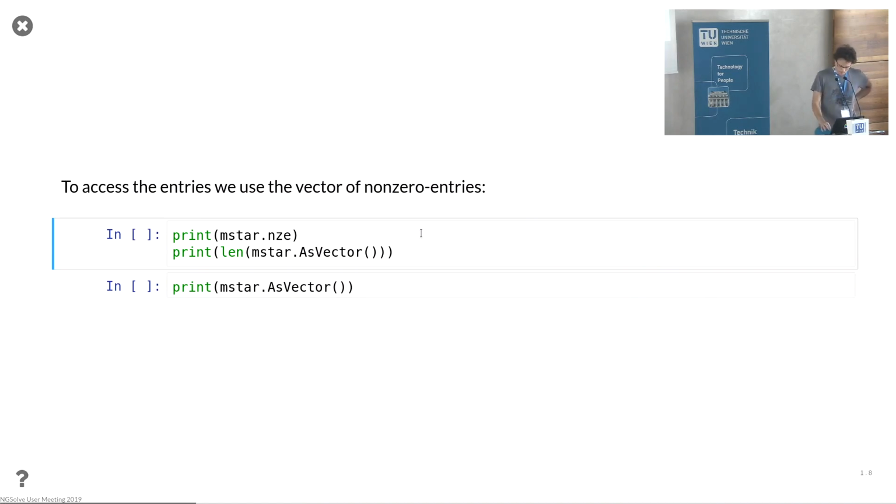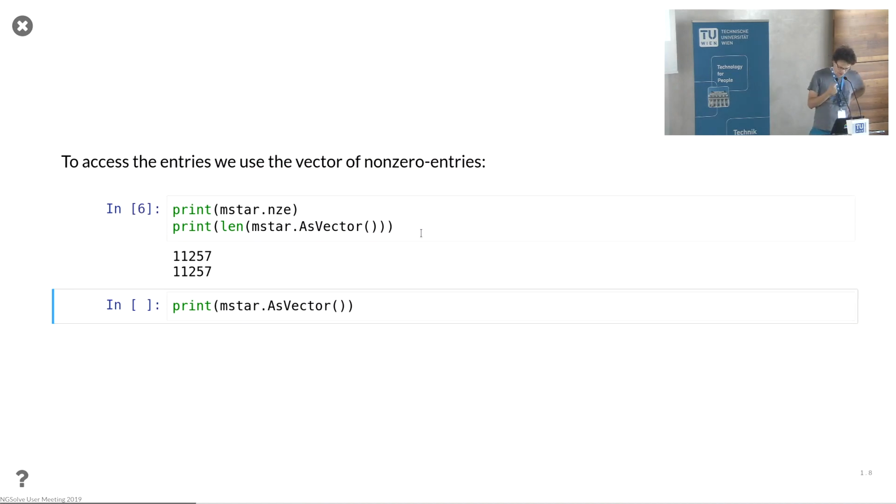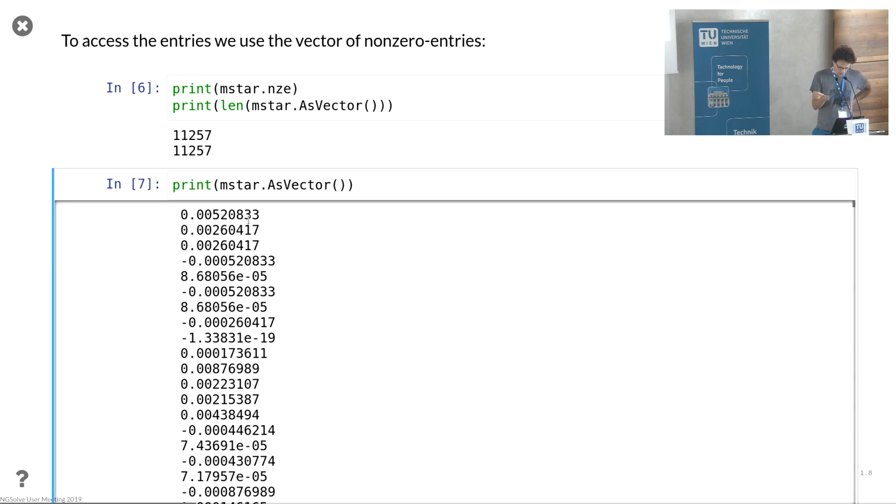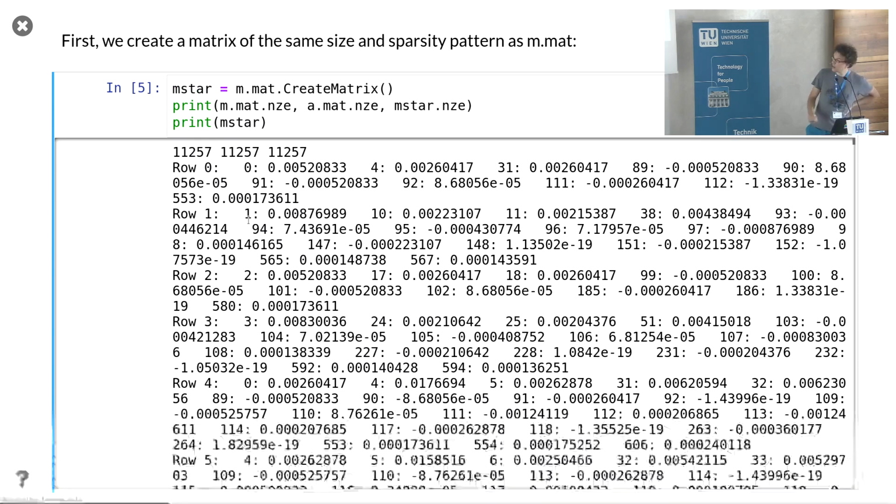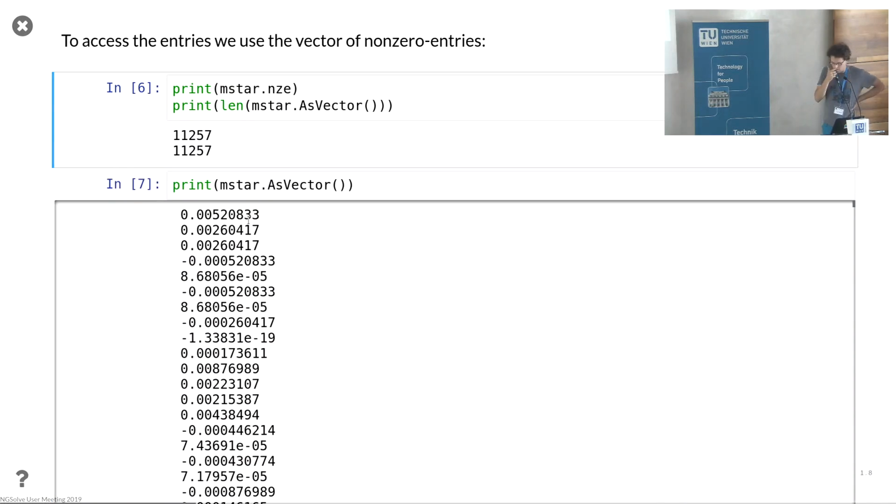Okay, what you can do with a sparse matrix is actually access the entries of the matrix by calling this S vector, which returns a vector, obviously, and you will see this vector has as many entries as you have non-zero entries. You can also print the entries, and you can check that these are the same that we saw before on the slide. The first entries are 0.005 something, and this is then also the first entry of this vector.